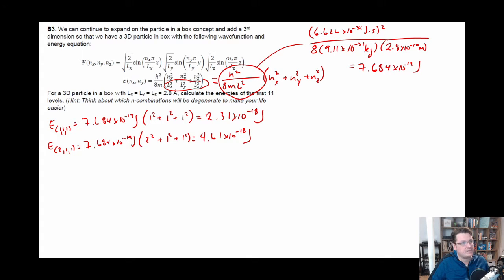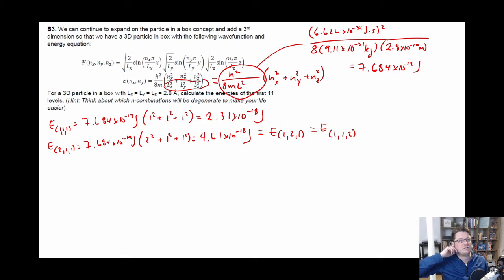And that's going to be the exact same for the other values that are very similar, the 1, 2, 1 and also the 1, 1, 2, because all of those are going to be degenerate. The only difference between them is which one has the higher n value, but mathematically they all end up with the exact same energies, so they're all degenerate.